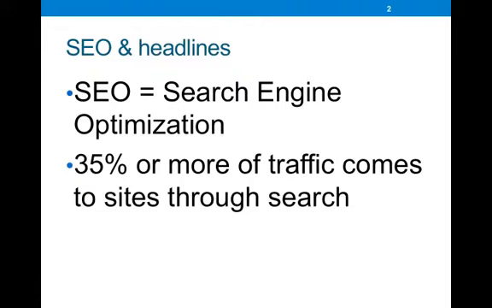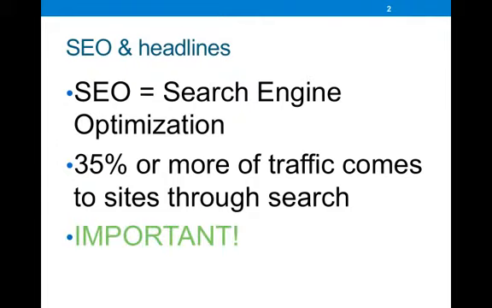And one of the reasons why SEO is so important to journalists who are working in a digital age is that 35% or more of traffic comes to sites through search, so comes to sites through search engines like Google, Yahoo. So people are finding the news and information that they want by using search engines.